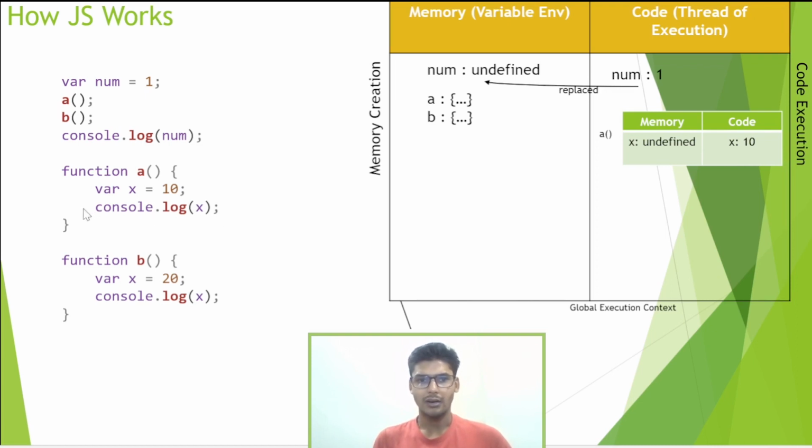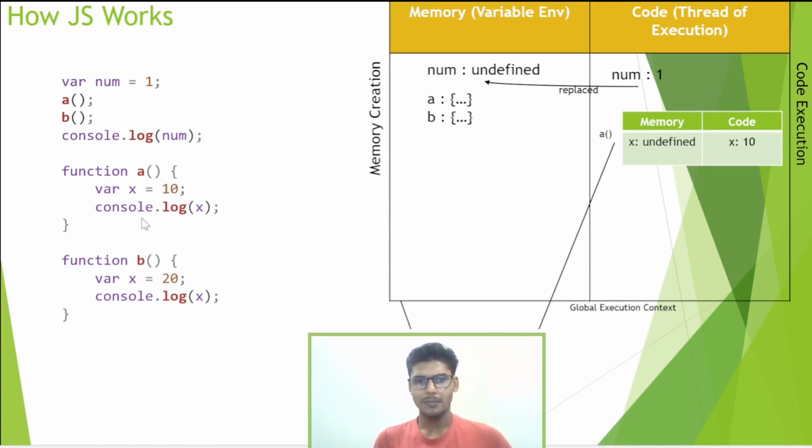and the value will be consoled here. After consoling, the flow will be back at the third line, because the function work is done. So here we are calling the function b. When the execution context is created here, this will be pushed to the call stack again.